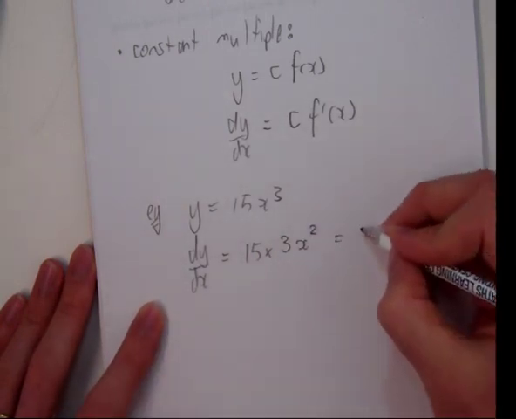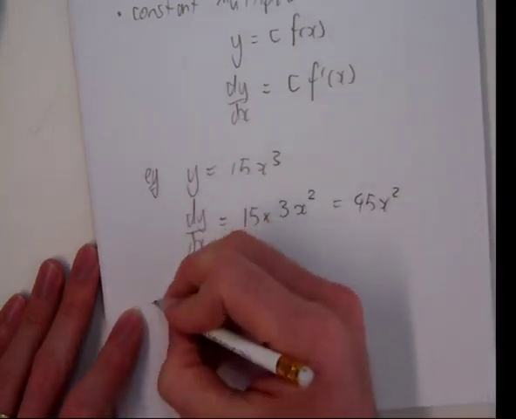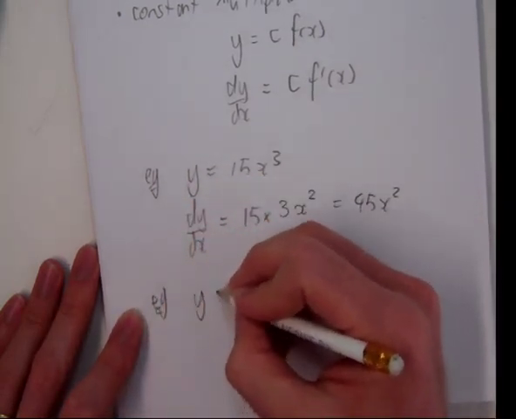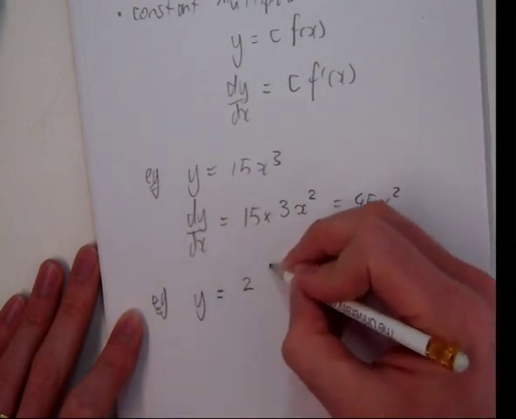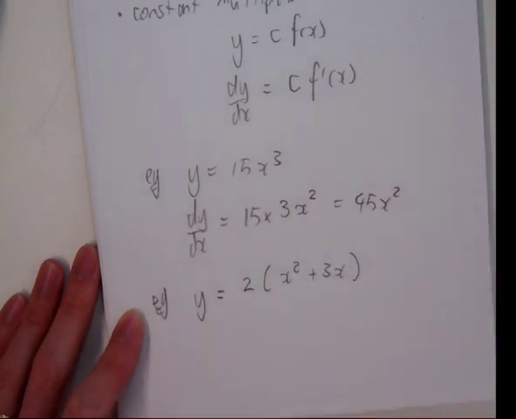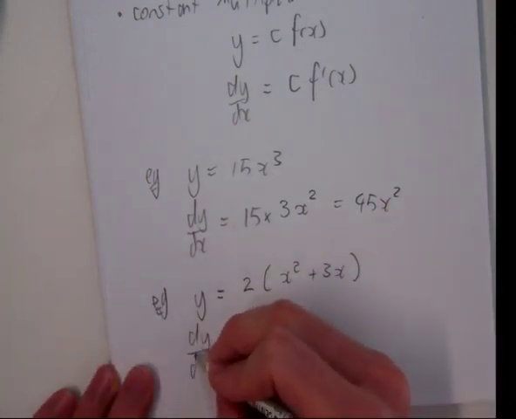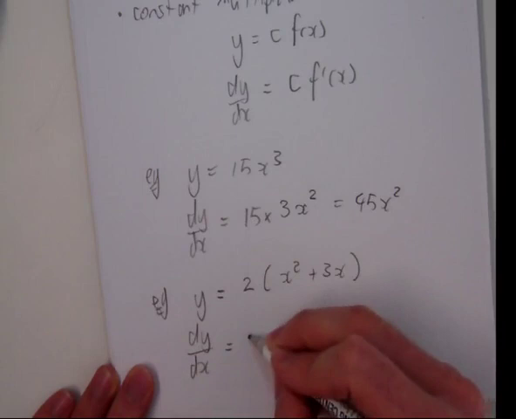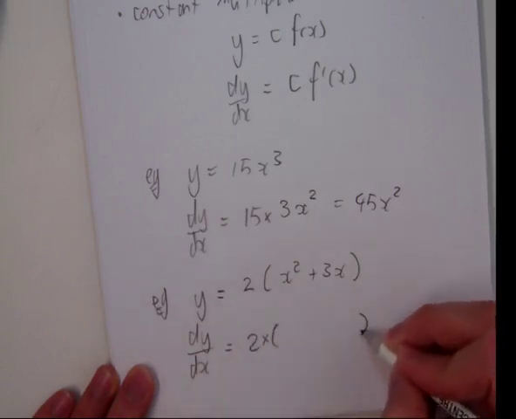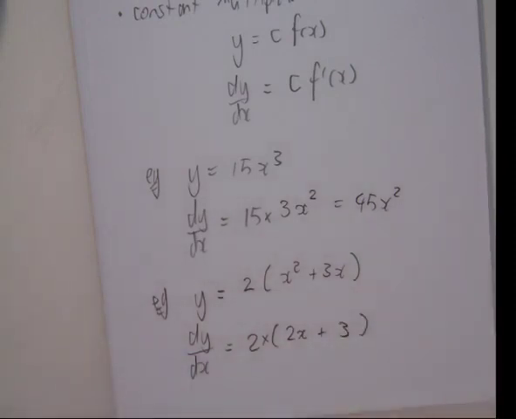And so I will end up with 45x squared. Another example is that one. You don't have to expand out the brackets. You can. I can do it if you want, but I can do it directly. The 2 is multiplied on, so it will still be there afterwards, and I can just differentiate the inside. So it's a very good rule, the constant multiple rule.